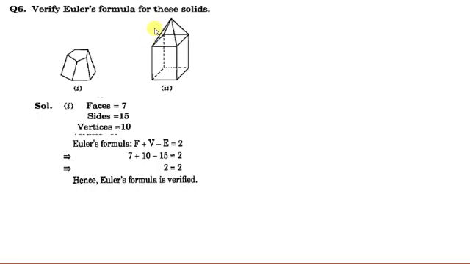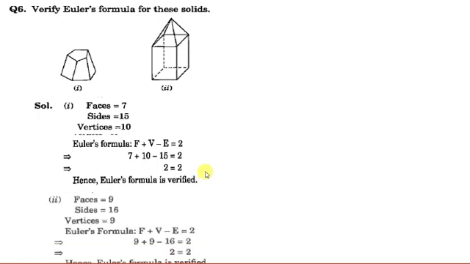Then the number of edges: 4 edges are of this square, 4 of the base, so 4 plus 4, 8, and then 4 vertical sides at the bottom and 4 at the top, so 12 plus 4, 16.